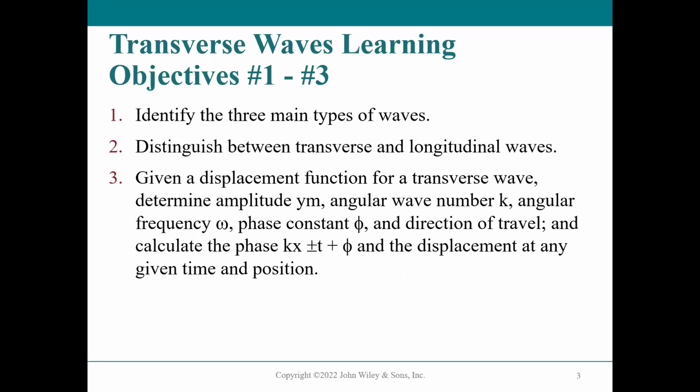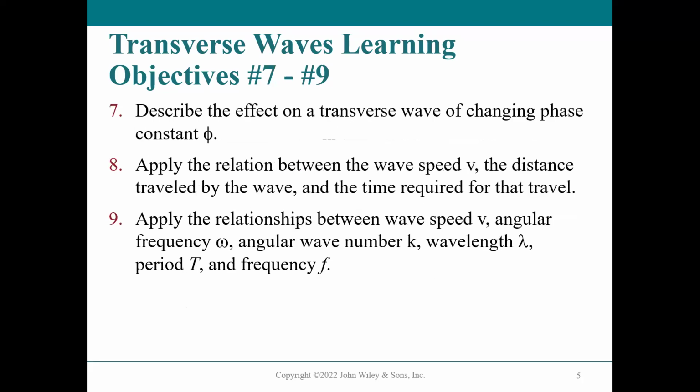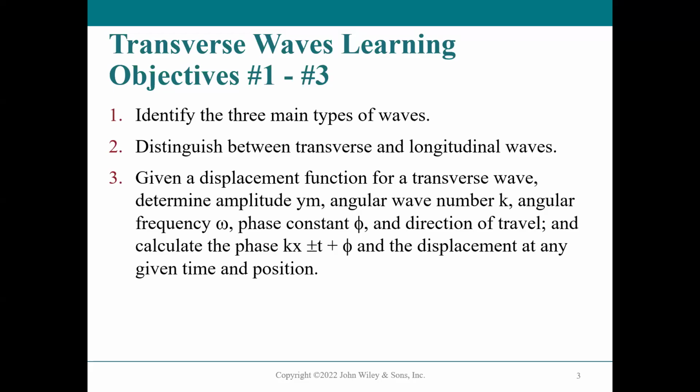I think we need to identify the three main types of waves, distinguish between transverse and longitudinal waves, and given a displacement function for a transverse wave, determine the amplitude Ym, angular wave number k, angular frequency omega, and phase constant phi, and the direction of travel, to calculate the phase kx plus or minus omega t plus phase constant, and the displacement at any given time and position.